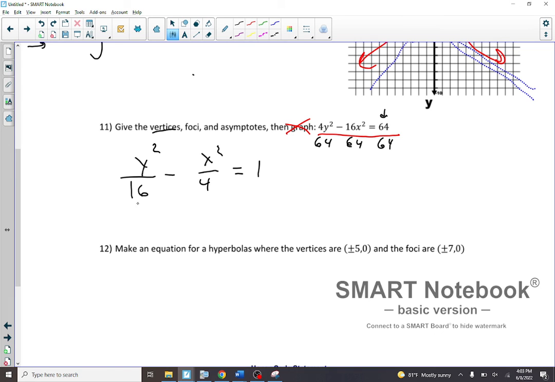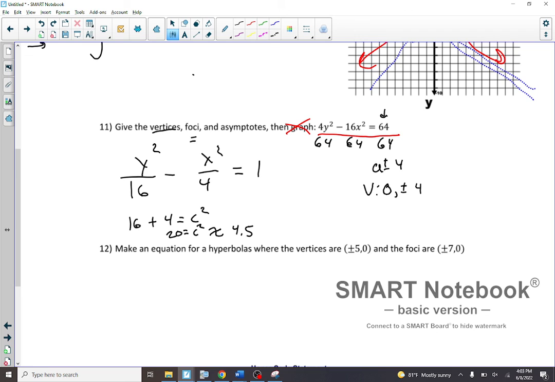So the vertices are based off the biggest one, so the a value is plus or minus 4, and since it's on the y, that means it's 0, plus or minus 4. The foci is the c value, so it's 16 plus 4 equals c squared, 20 equals c squared, which is about 4.5-ish.